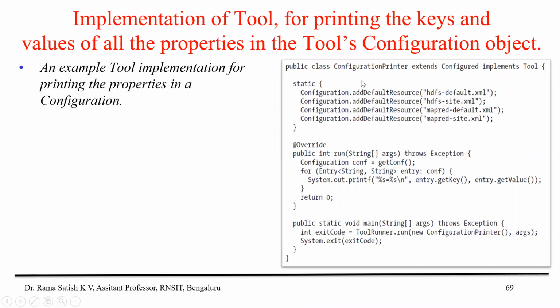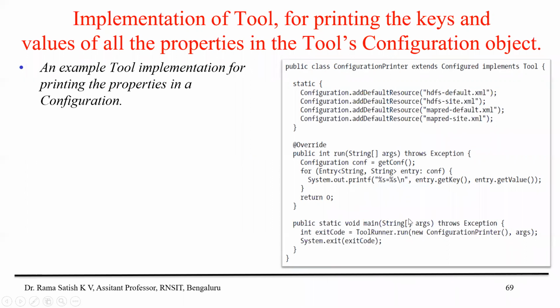We generally import them, put them into default resources, and once that is done, using the run method we can get those configuration details and print each key and value. That will be done for all these configuration details.